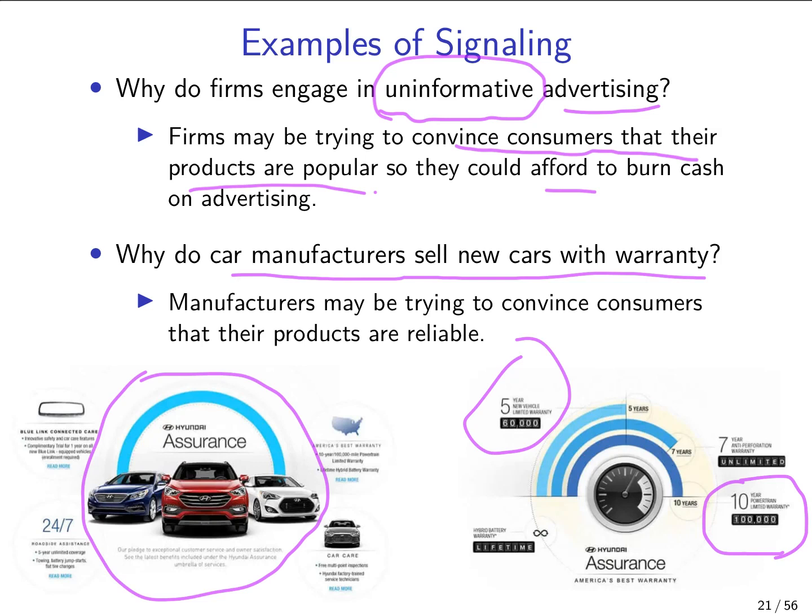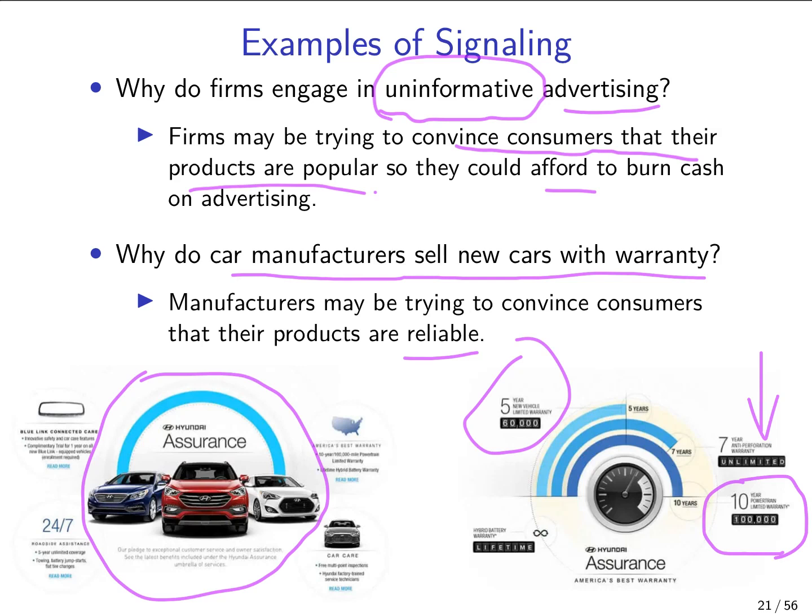So what they try to do is to signal to the consumer their products are reliable, right? If not, they are going to need to spend tons of money on fixing the problem, right?